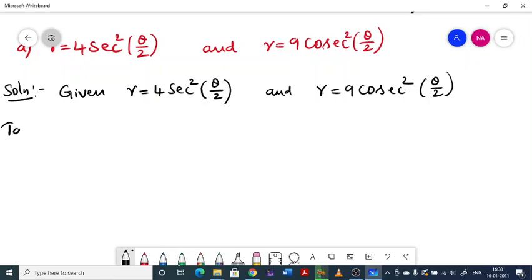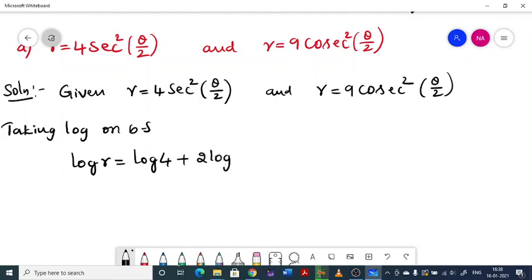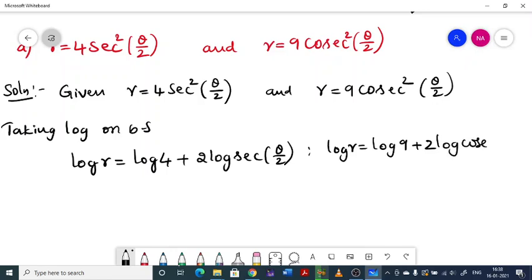Taking log on both sides. Log R equal to, I can write this directly, log 4 plus log secant square of theta by 2, that is 2 log of secant of theta by 2. Similarly here log r equal to log 9 plus 2 log of cosecant of theta by 2.